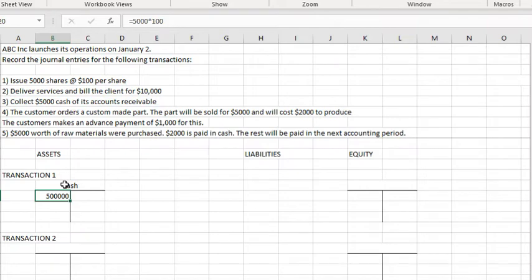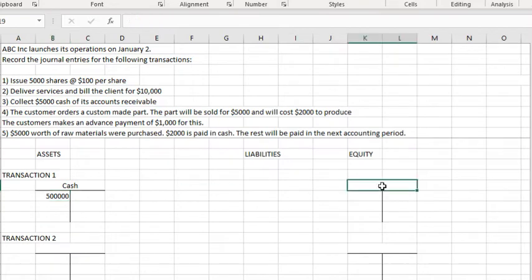That's going to give us $500,000 worth of cash, and at the same time we are going to increase contributed capital. Contributed capital is going to increase by the same amount. So when you issue shares, the equity is going to increase, and cash is going to increase as well.